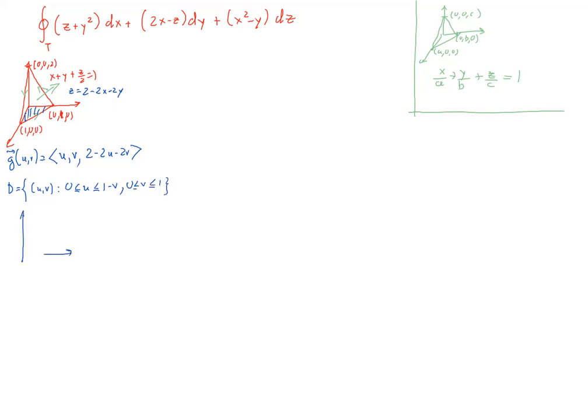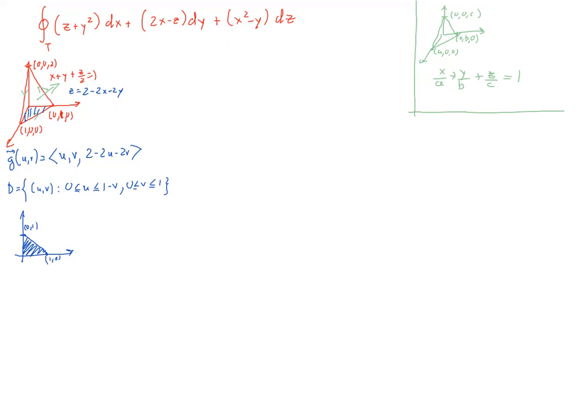Simply because this domain is a triangle formed by this line that intersects both axes at 1. So (1, 0) here, if you like, (0, 1) here, and this is what we have.